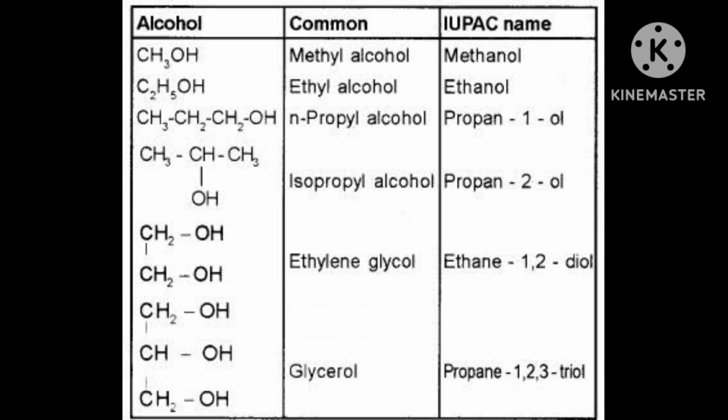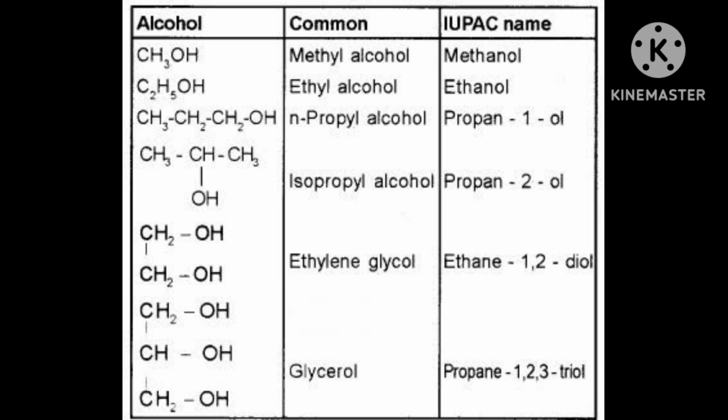Again from the alkane you remove the e and add ol. Then it will be propane, and OH is attached to carbon 1, the first carbon. The numbering will start from the carbon to which OH is attached, so that is the first carbon. The name will be propan-1-ol.